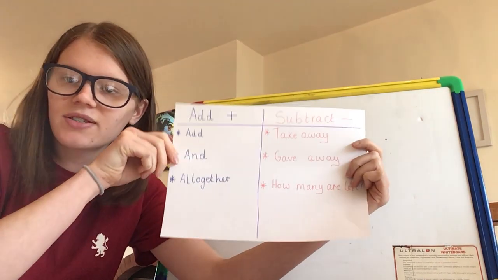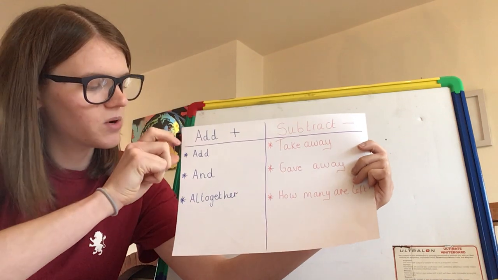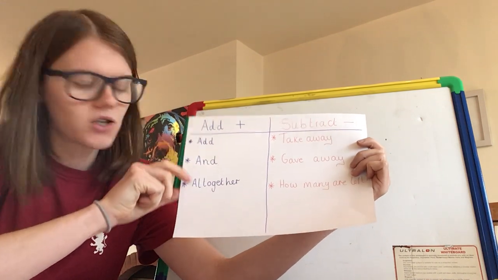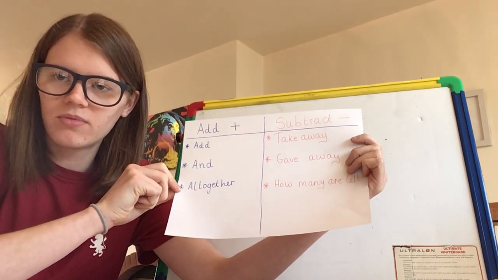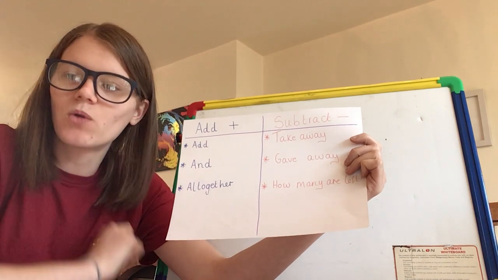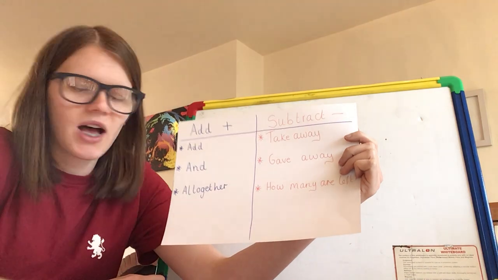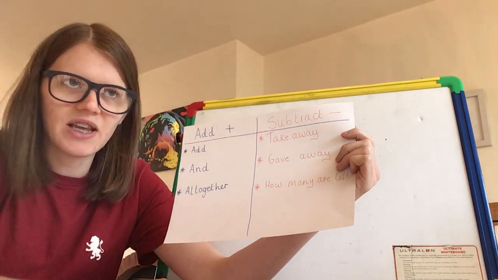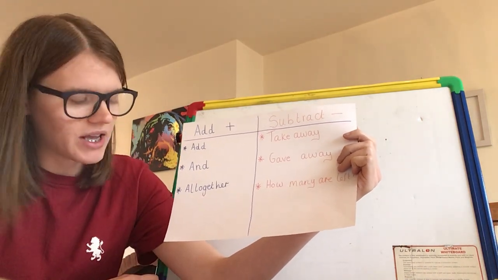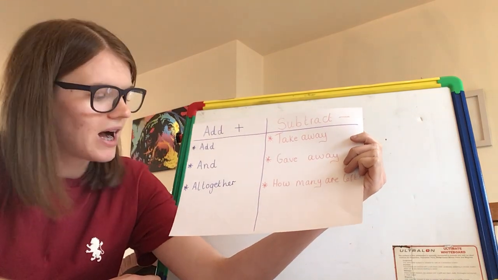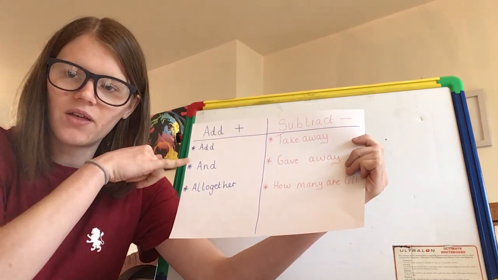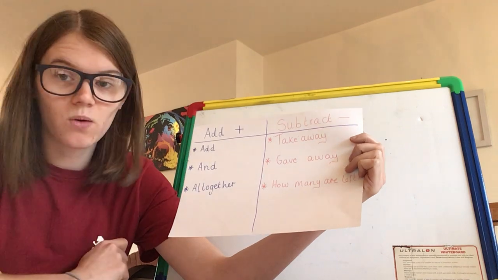So if you get asked a question that has the word add, and all together, okay, these might mean that they want you to add, because if you're being asked a question and it says Harry Potter has got 17 wands and Hermione has got 2 wands, how many do they have all together? Okay, that is an adding question.